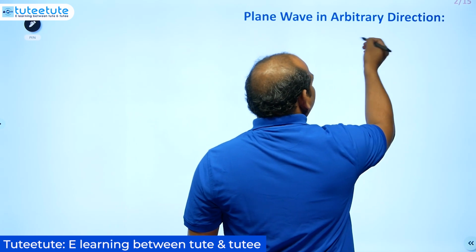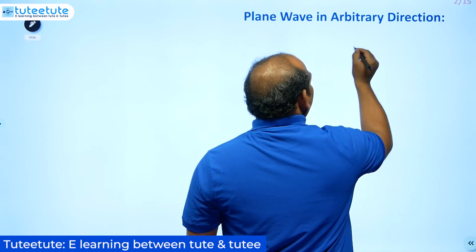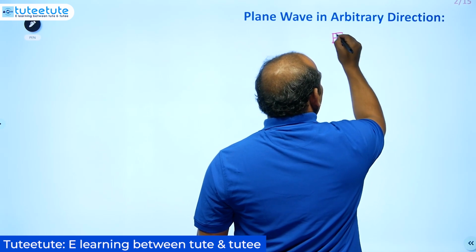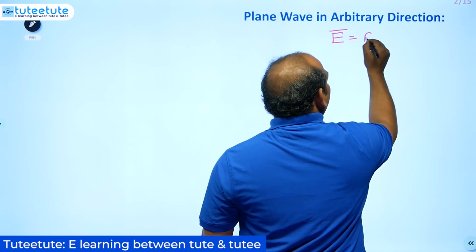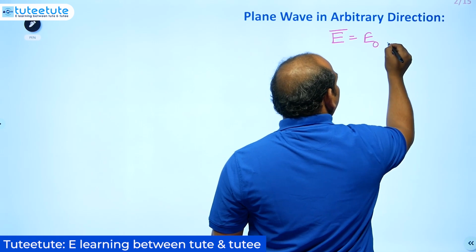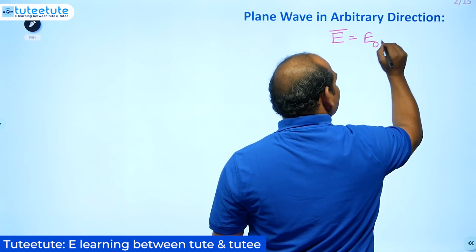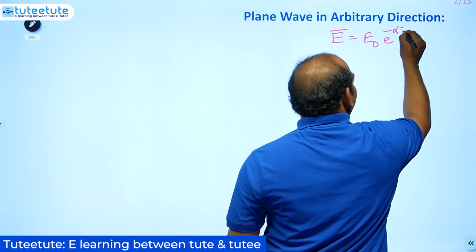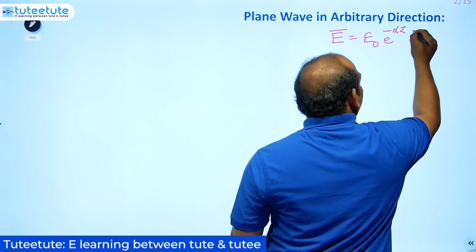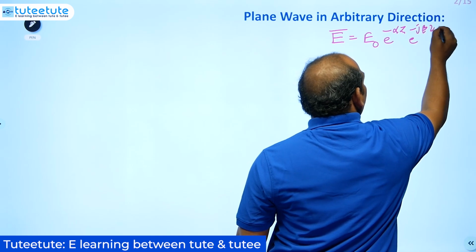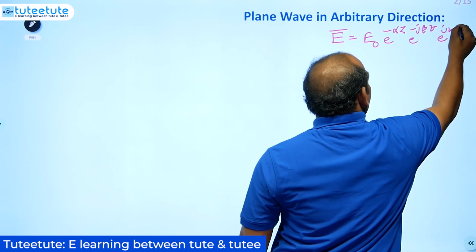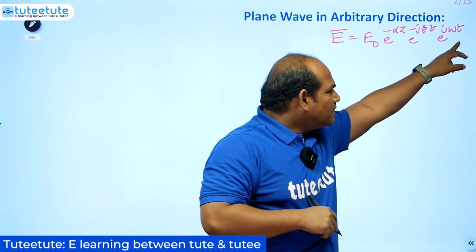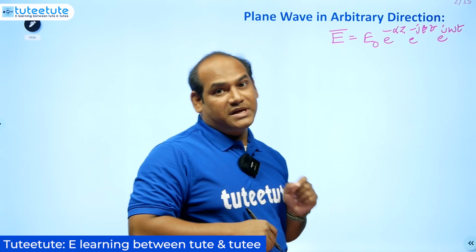Before going to see exactly about this, just as I said earlier, we will see some representations. Electric field is equal to some initial value, it may be a function of x, y, z. Here I am mainly concentrating on e power minus alpha z and e power minus j beta z and e power j omega t, because the electromagnetic wave changes with respect to time and also with respect to space.